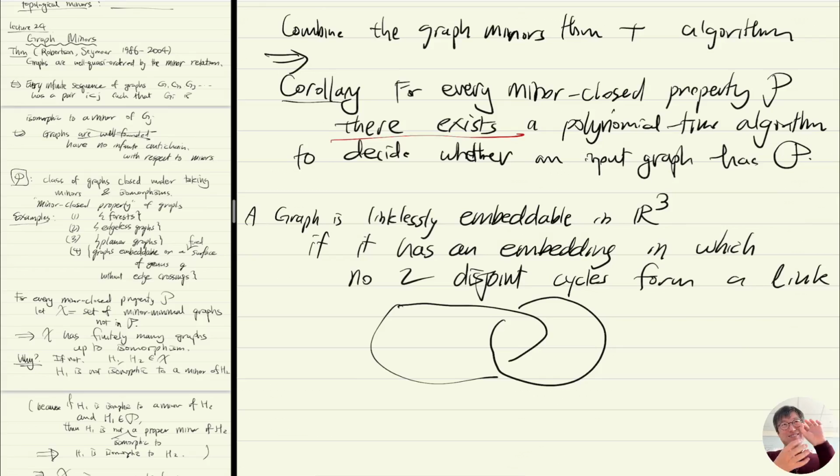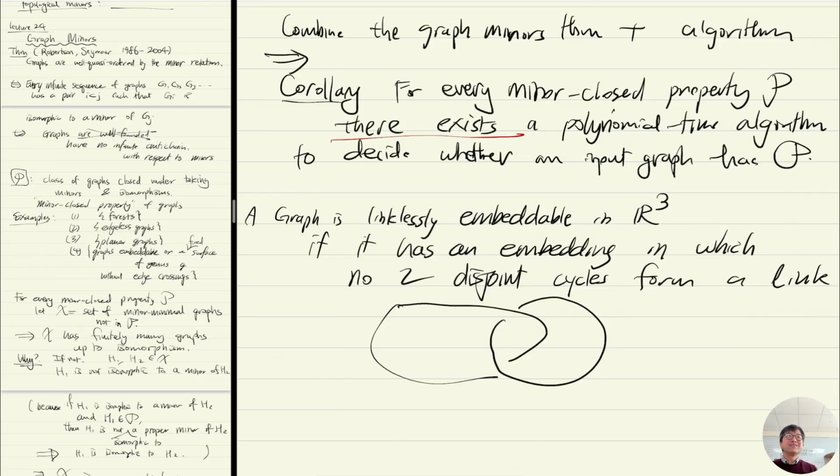If there's one cycle in three-dimensional space and another cycle, and they form a link, then we say it has a link. But if they don't form a link, if you can separate these two cycles by continuously moving them without crossing, then we say it's linkless.